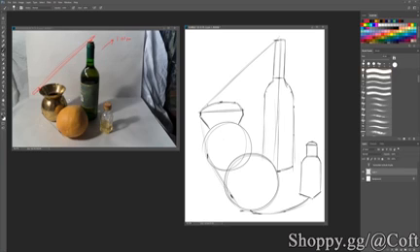Now there is a large line here in the back that I do find important for the composition. So just kind of marking it off, and keeping those lines as straight as I can.